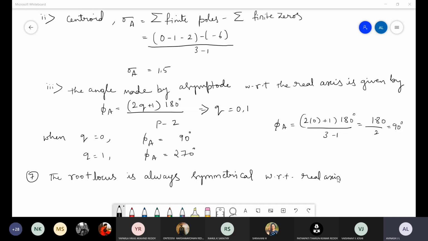So dear students, you can see that symmetry property in the last numerical we saw, in the top and bottom. In the same way, in every root locus the symmetry will be maintained. Clear?